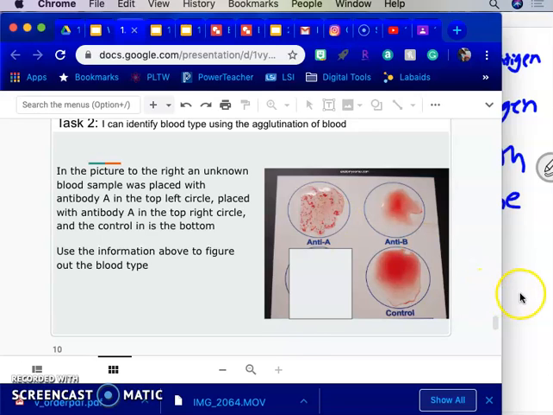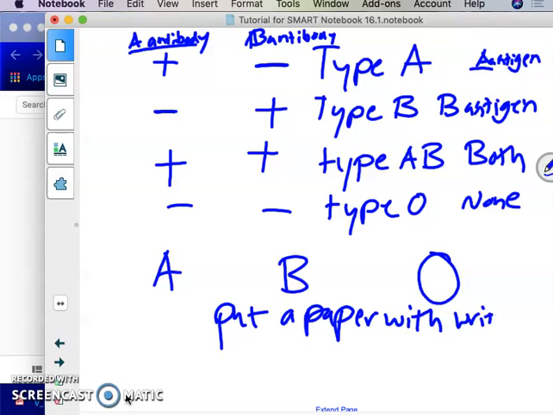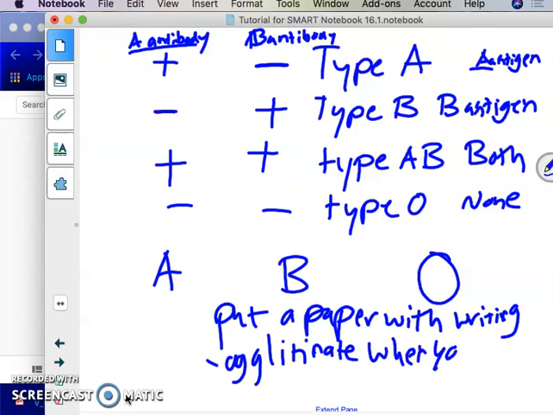The other key thing that will help you is to put a paper with writing underneath, because sometimes it'll be hard to see the agglutination unless you have writing underneath. It will agglutinate when you can't read the paper.